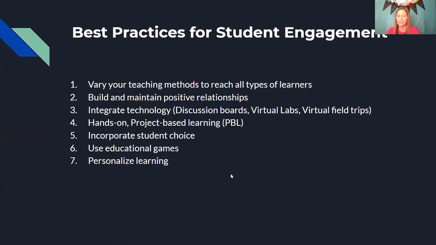So with just some best practices for student engagement. The first thing here is varying your teaching methods to reach all types of learners. I think Mary had touched on this a little bit, about the different types of learners: your visual learners, your auditory learners, your hands-on learners, your kinesthetic, we need to get up and moving.